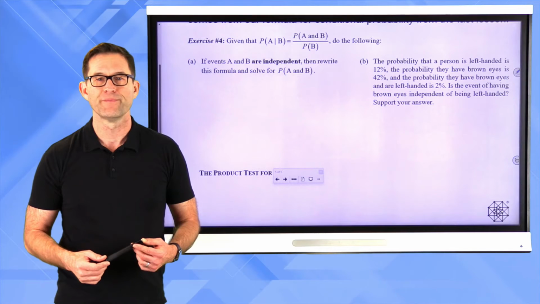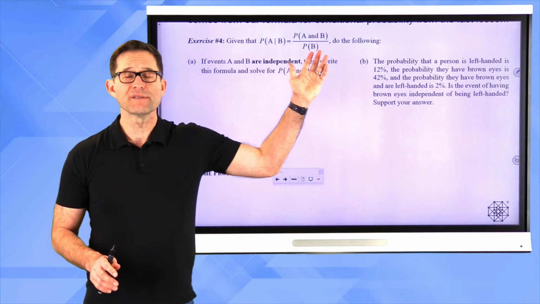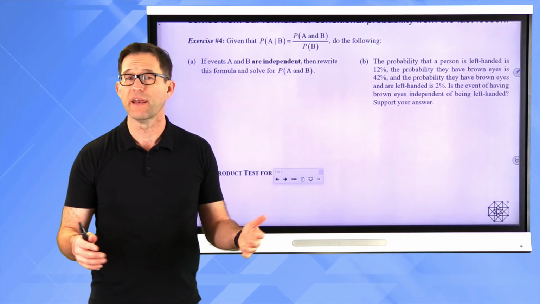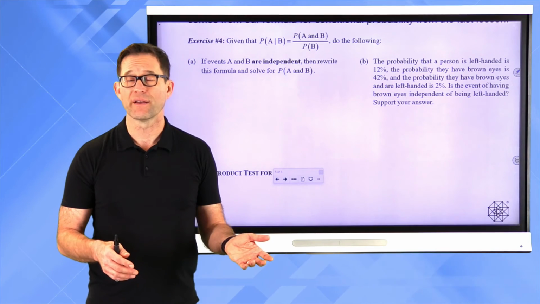Exercise number 4. Given that the probability of A given B is equal to the probability of A and B divided by the probability of B, do the following. If events A and B are independent, then write this formula and solve for A and B. So in other words, this is the formula that works for finding a conditional probability in every situation, whether the two events are independent or not independent.